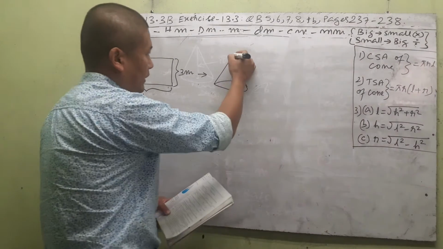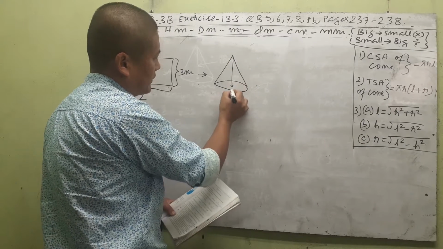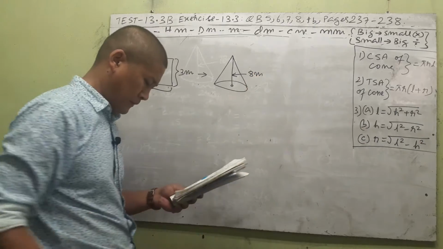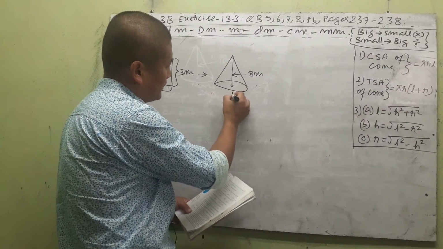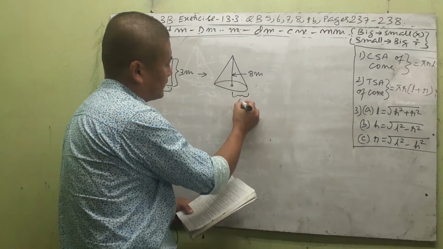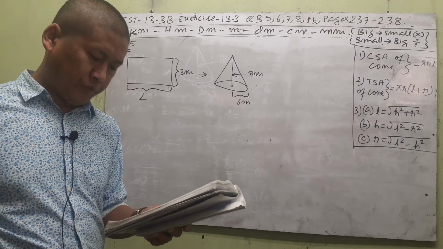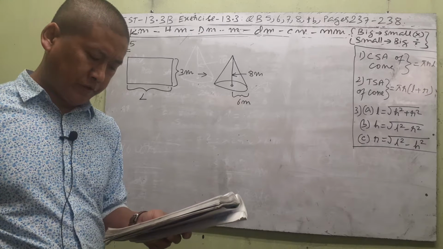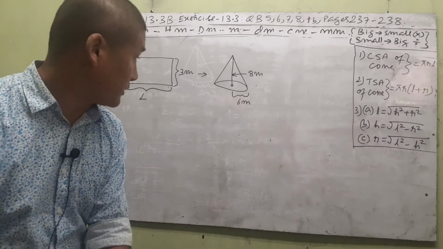Height 8. So height is the line joining the sharp point vertex to the center of the circle here. 8 meter. Then base radius 6 meters. So from here to here is 6 meter. Assume the extra length of the material that will be required for stitching margins and wastage is approximately 20 centimeters.